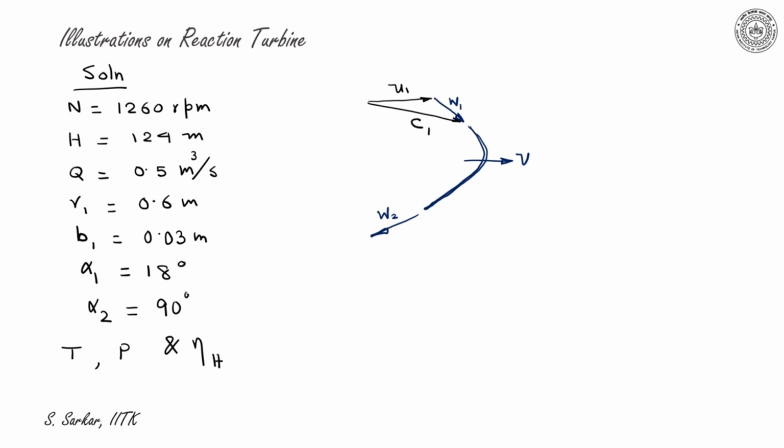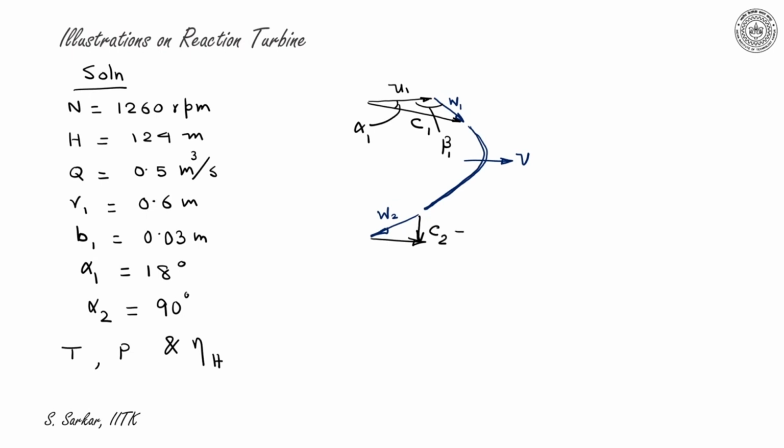So this is the velocity triangle at inlet to the impeller, and this is alpha 1, absolute inlet angle, and this is beta 1. Thus at exit, U, W2 plus U would be equal to C2.